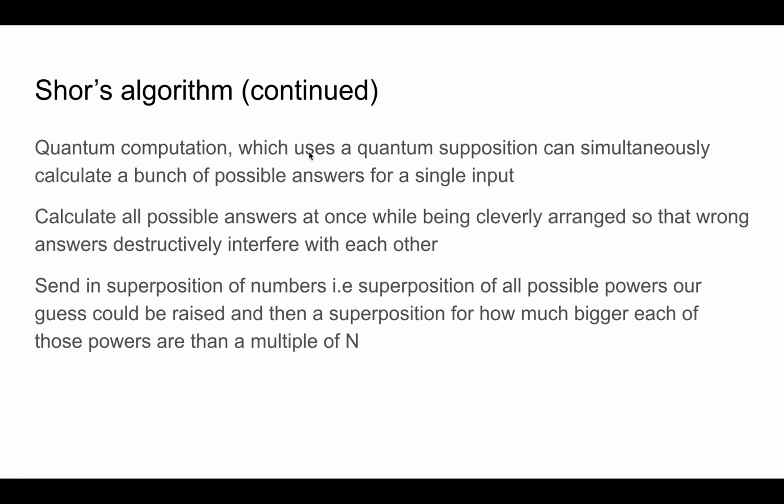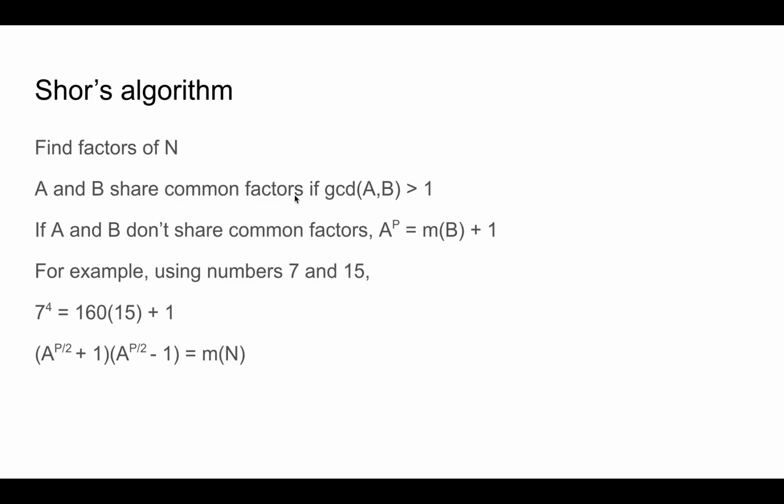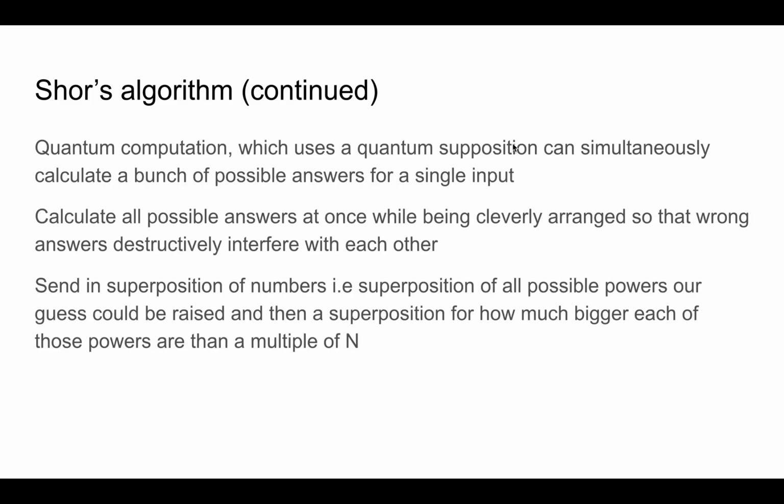So basically with quantum superposition, you can simultaneously calculate a bunch of possible answers for a single input. You can calculate all these many p at once using quantum superposition. And then we can also get all the wrong answers to destructively interfere with each other.